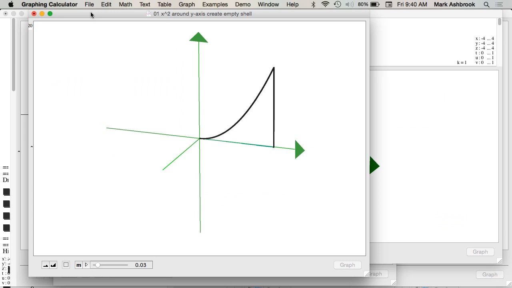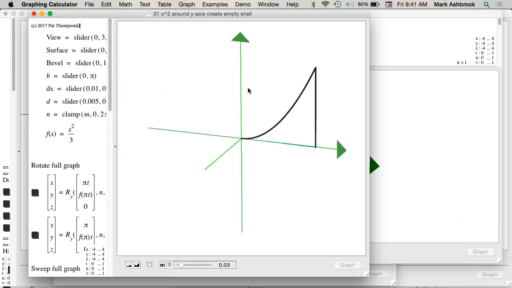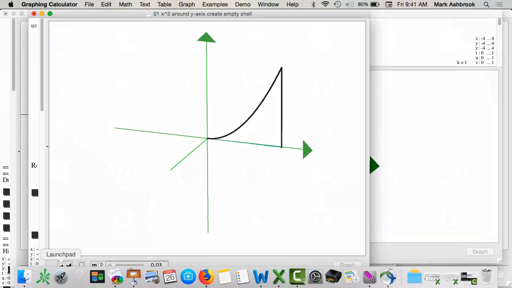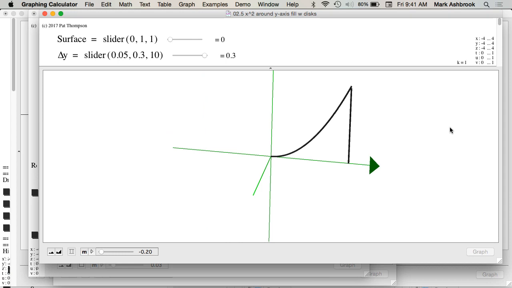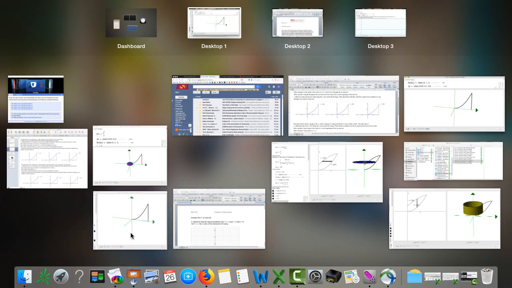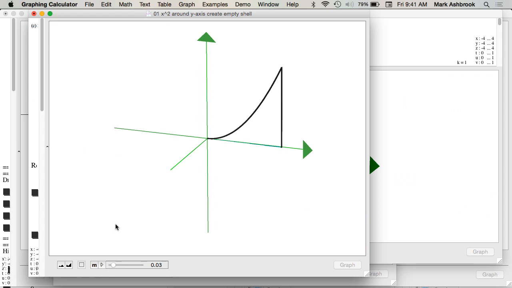First of all, if this is the function, say f, if this is the function f, and say this is 3, is that what it is? 1? Okay, it's 1.